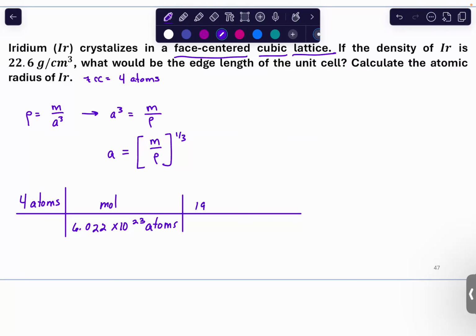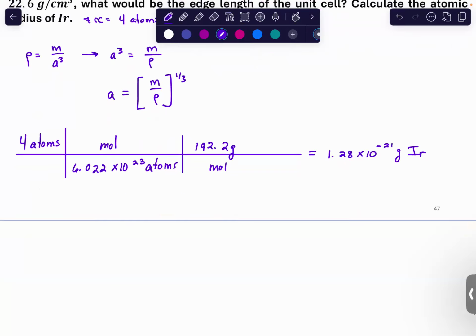And then the iridium is 192.2 grams per mole. That will give us 1.28 times 10 to the negative 21st grams of iridium. All righty. And then we need the side of our unit cell. All right, well, we can get the side. So now we'll do this.